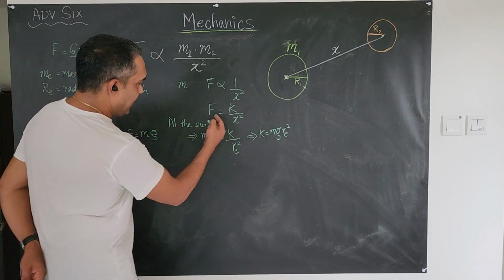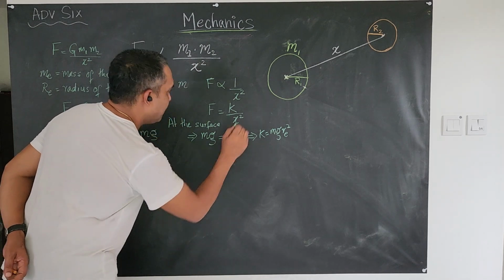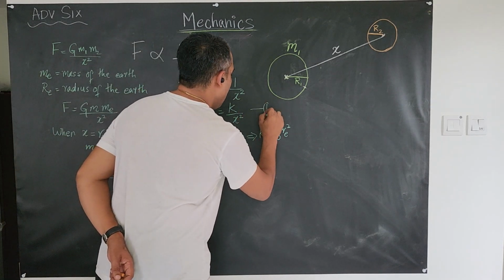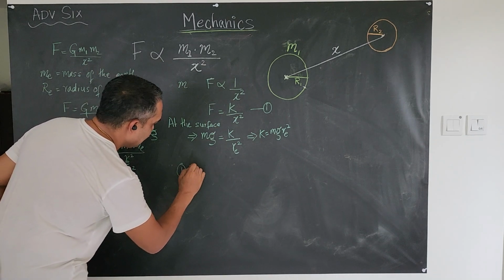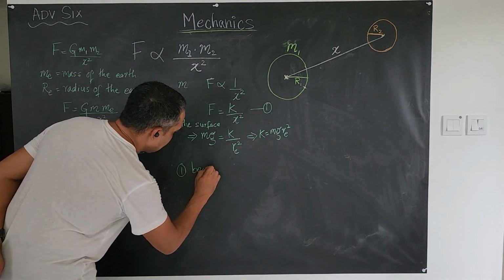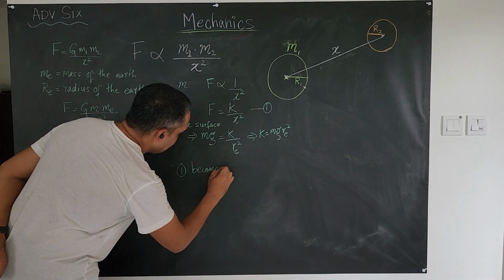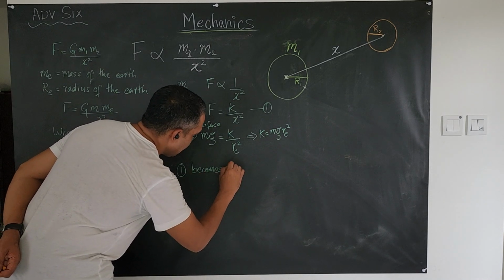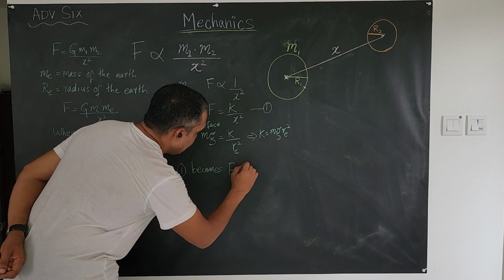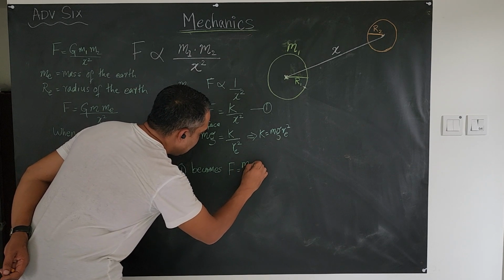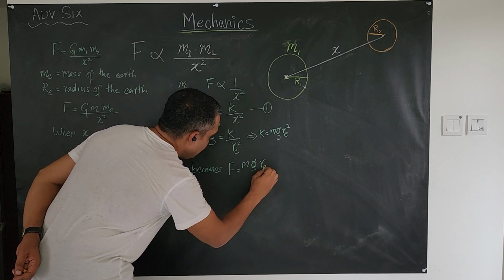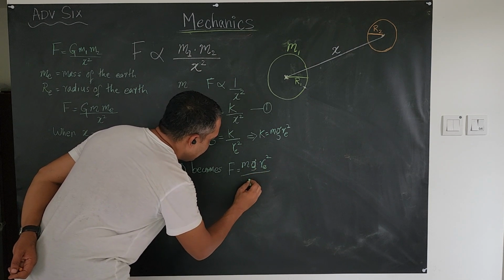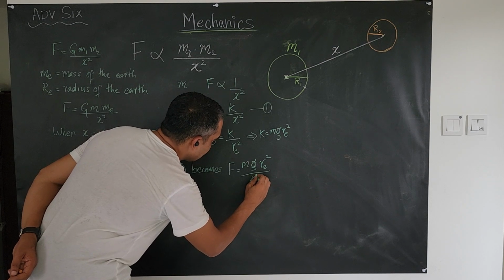Now if I substitute k back here, this is 1, and it becomes F is equal to mass times acceleration due to gravity times RE squared divided by x squared.